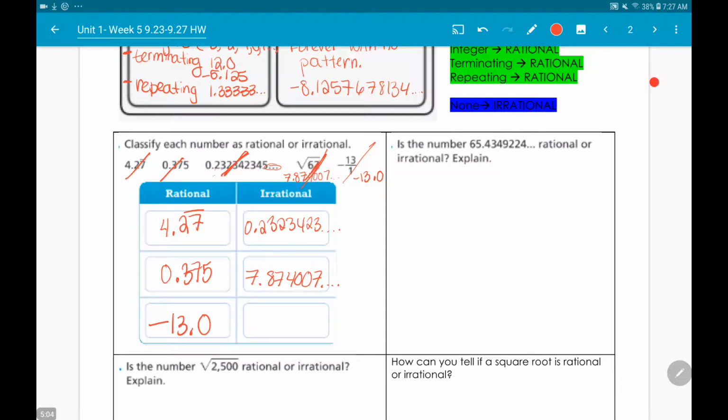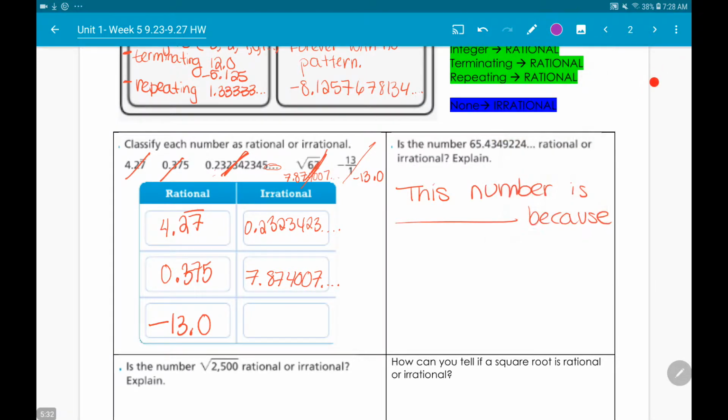Is the number 65.4349224 rational or irrational? So this number is blank because, what do you think?